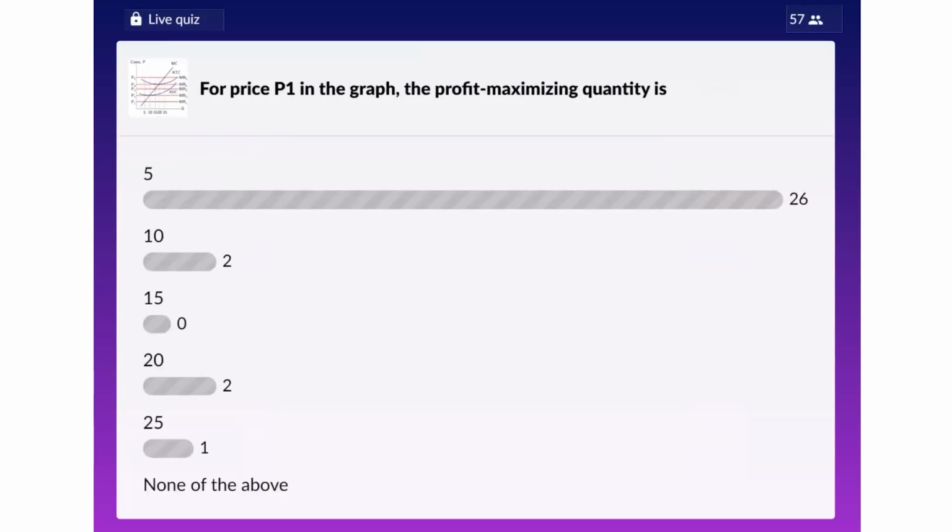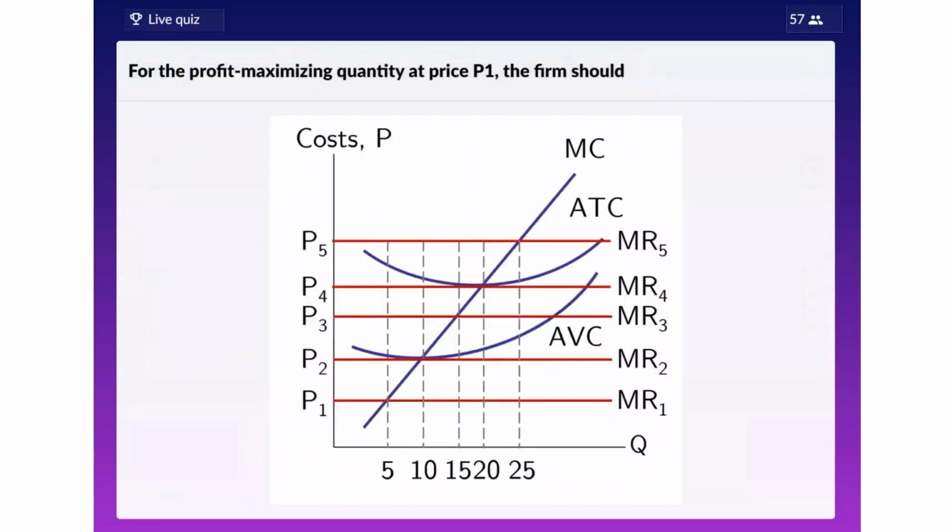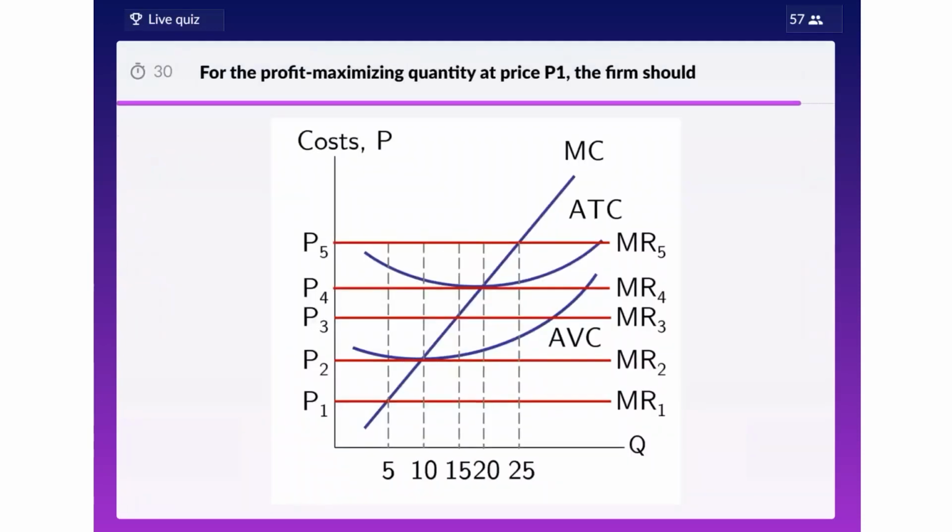Okay, so time's up. The majority of you say 5, and some of you say 10 and 20, and the answer is indeed 5. Okay, so for this profit maximizing quantity at P1, the firm should do what?